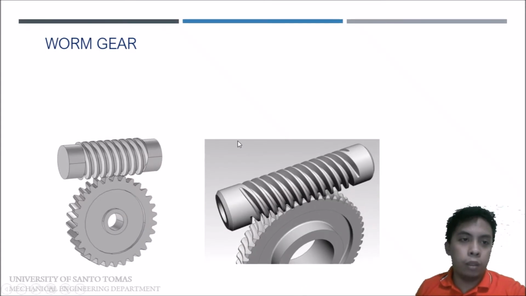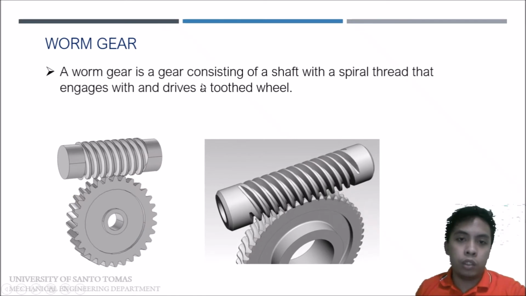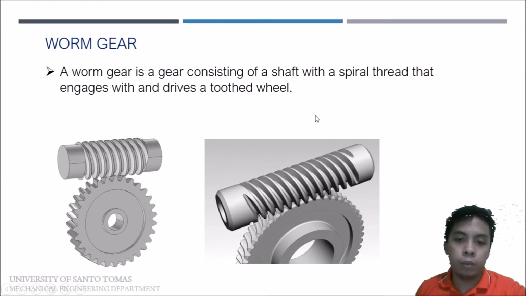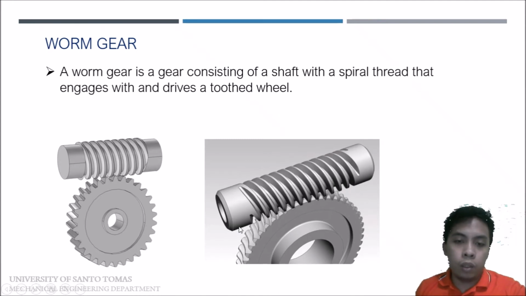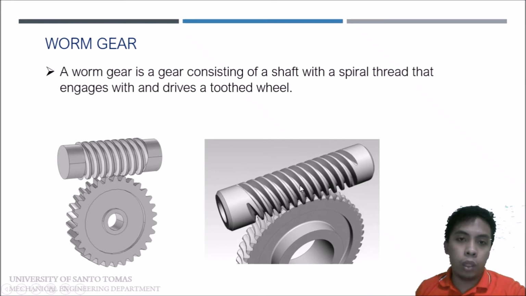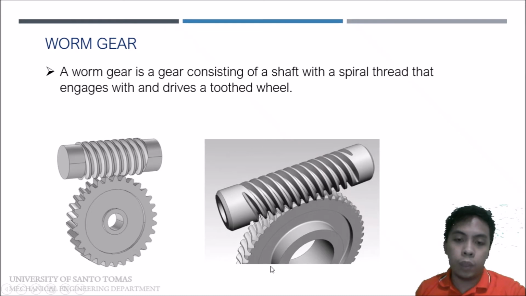Next, worm gear. A worm gear is a gear consisting of a shaft with a spiral thread that engages with and drives a toothed wheel. So as you can see here, we have a threaded shaft, para siyang tinatawag natin the worm gear itself, and then we have a cylindrical toothed wheel here.